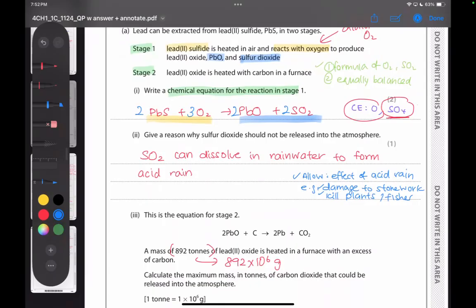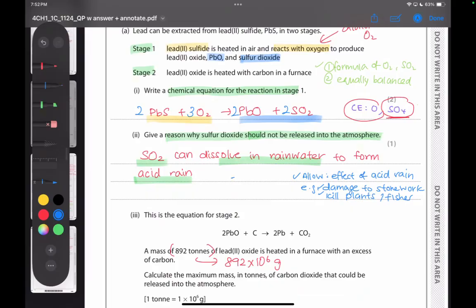Okay, moving on to part 2. Here we are looking at: give a reason why sulfur dioxide should not be released into the atmosphere. By now, if you have tried 10 plus questions, you will know that sulfur dioxide is one of the air pollutants that dissolve in rainwater to give acid rain. What is the other one? Are you familiar with it?